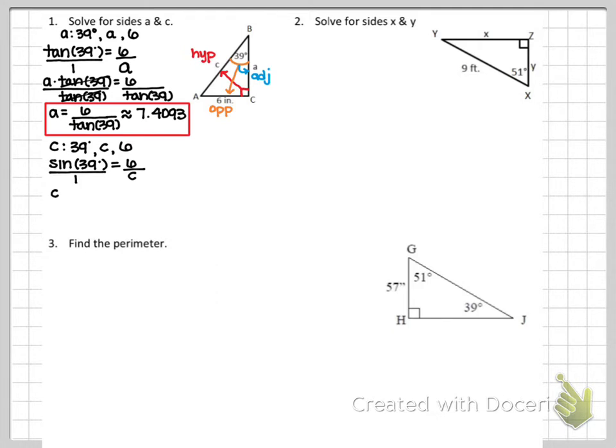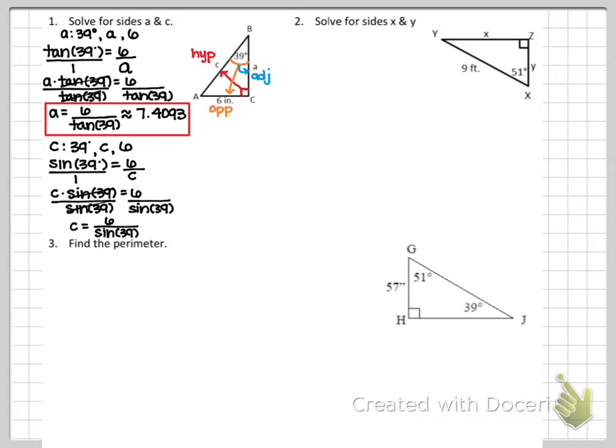So cross multiply. So 6 times sine 39 is equal to 6. We're going to divide by sine 39. So the exact answer, so those sines are going to cancel, is going to be C is equal to 6 divided by sine 39.